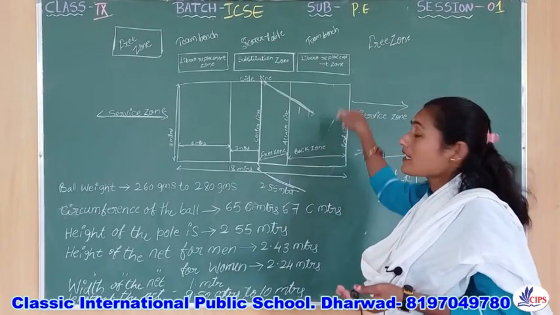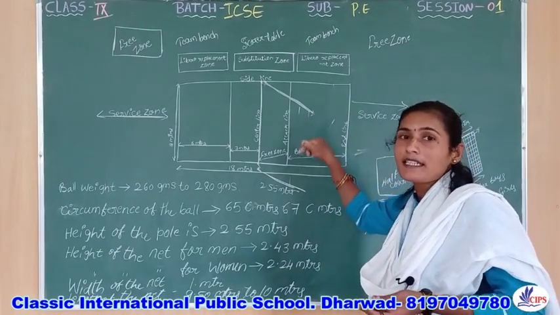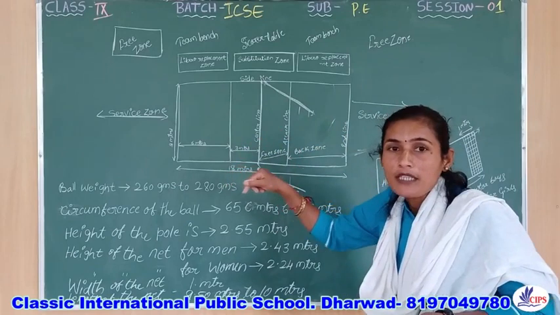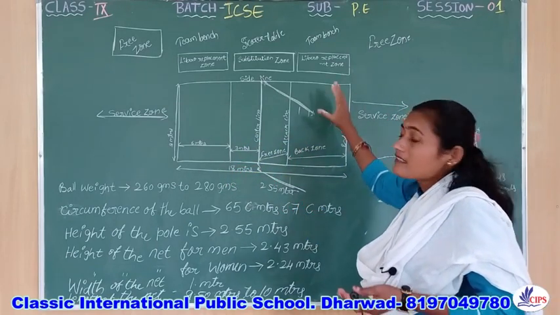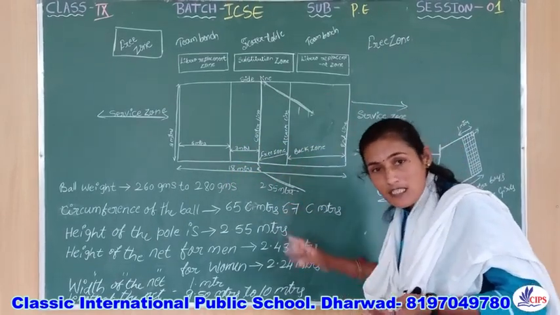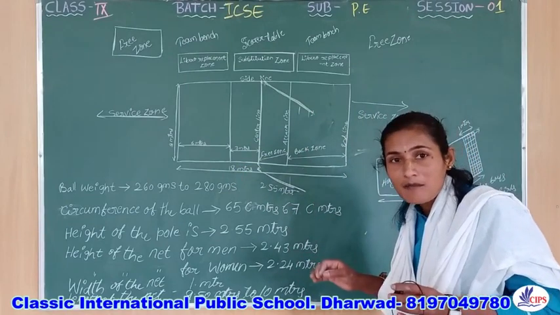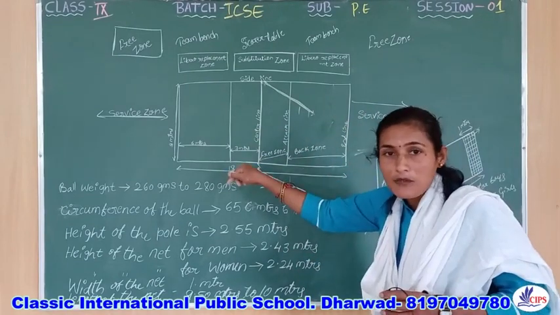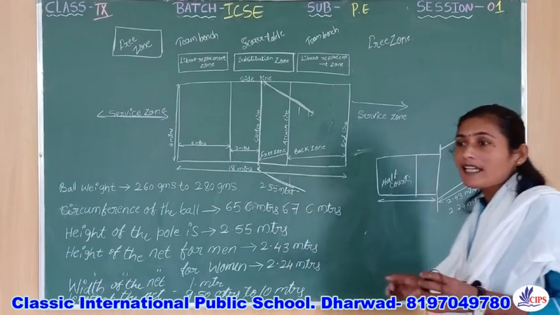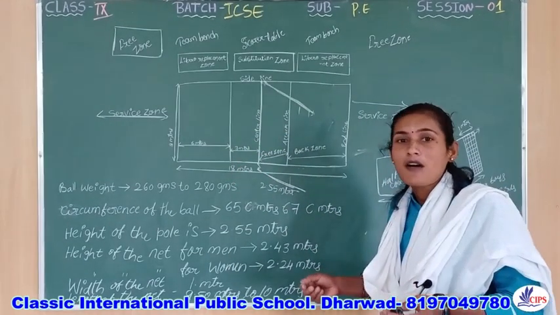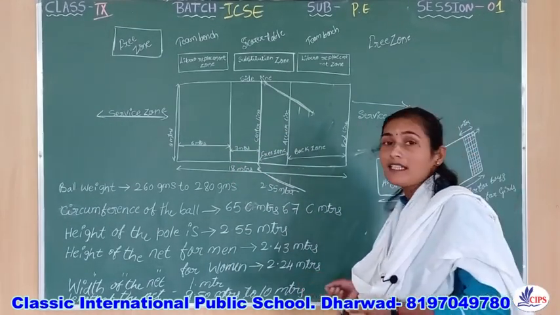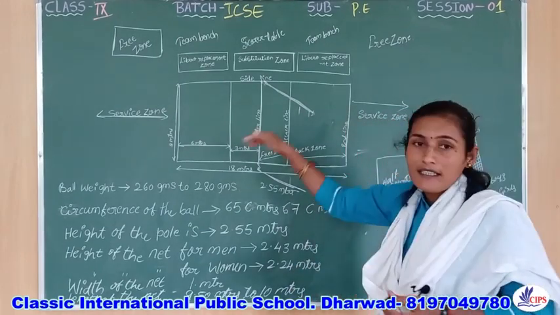Then another player of this team can receive the ball and send it to the opponent court. If the second player is also unable to send the ball, the third player or the first player can take the ball and touch it to send it to the opponent court.